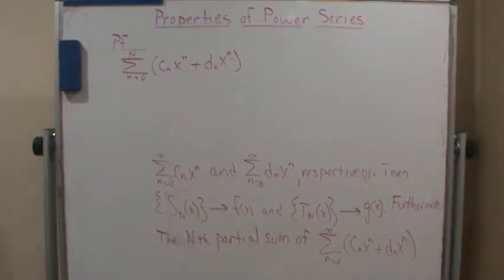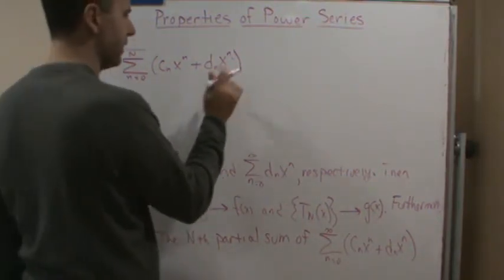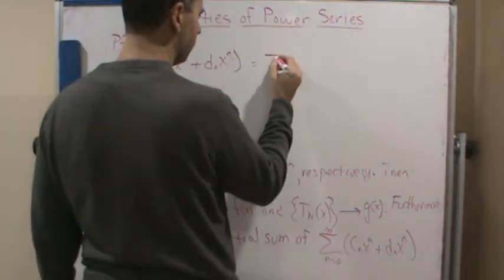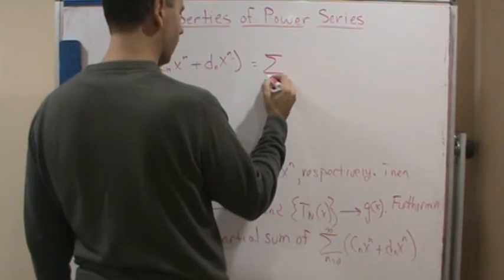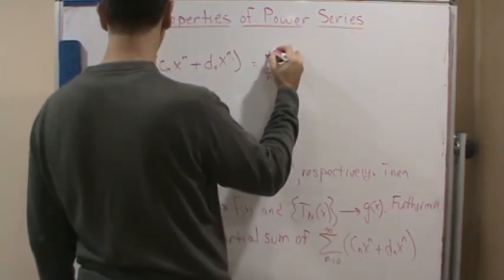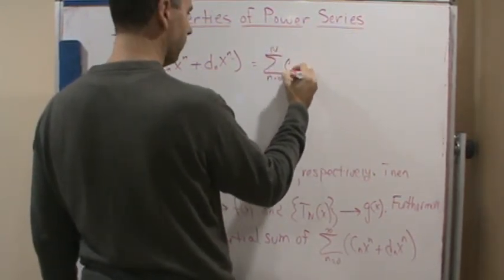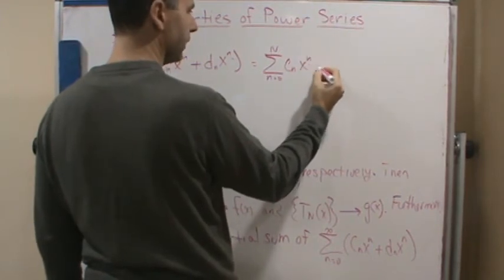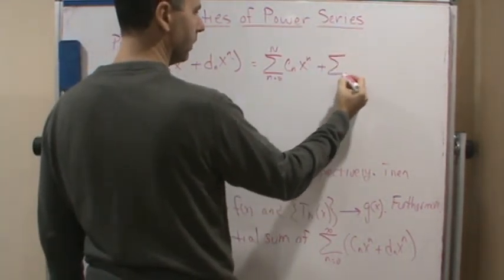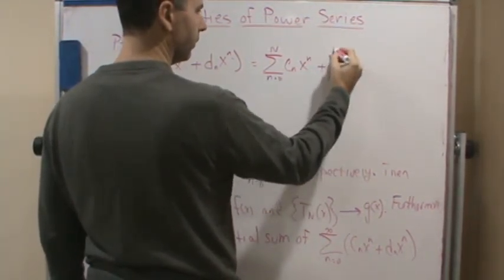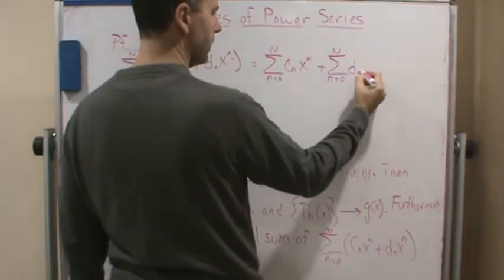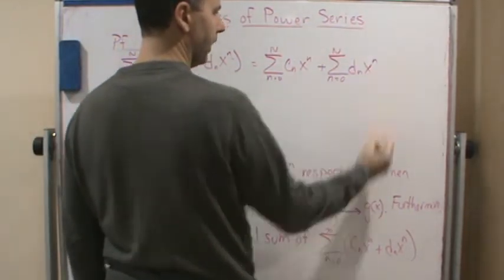Now, by properties of convergent series, we can split this up. This is equal to the sum from n equals 0 to N of c sub n x to the nth plus the sum from n equals 0 to N of d sub n times x to the nth.